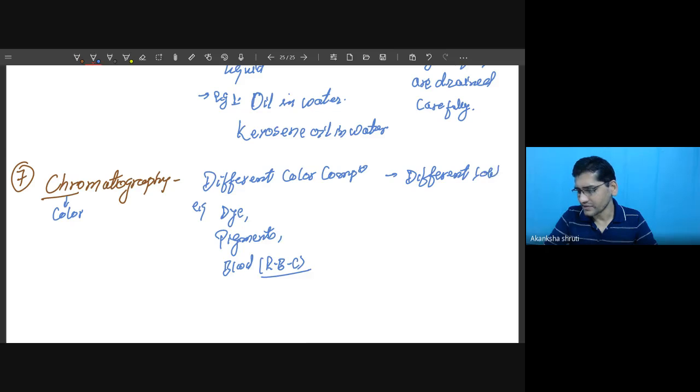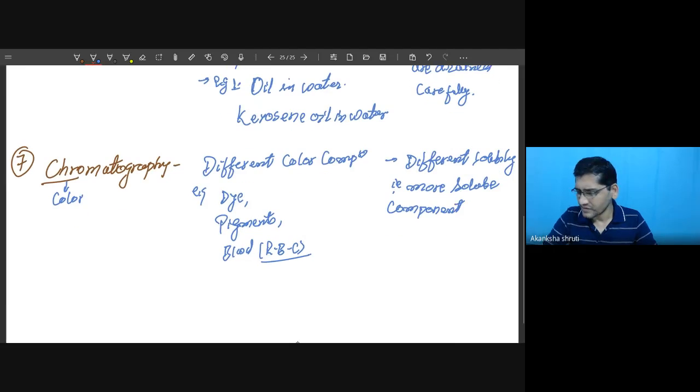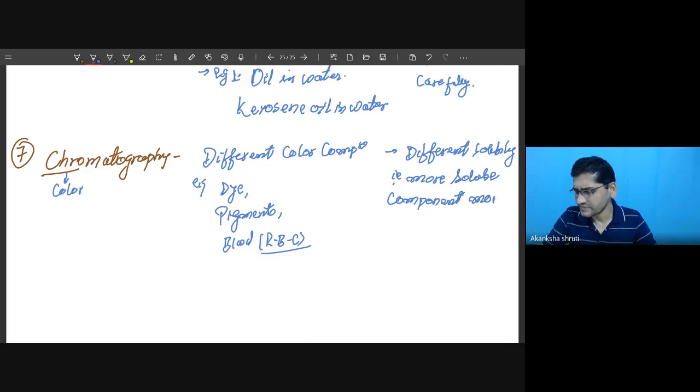Different solubility, that is, the more soluble component moves faster on chromatographic paper.